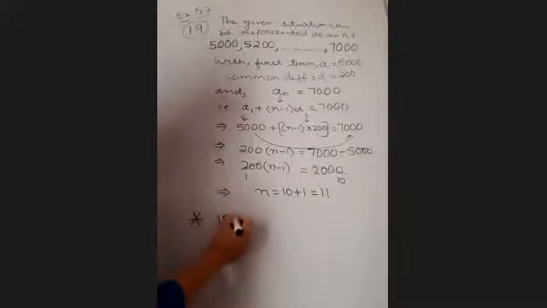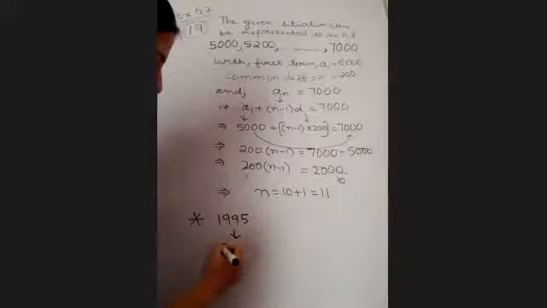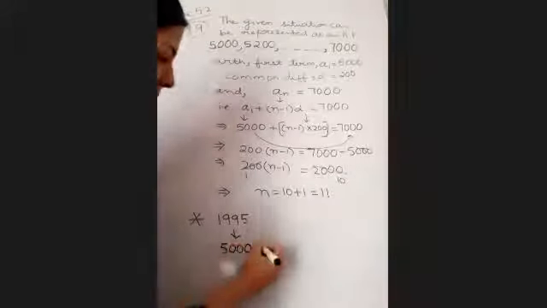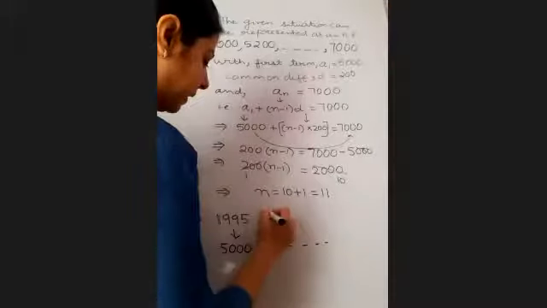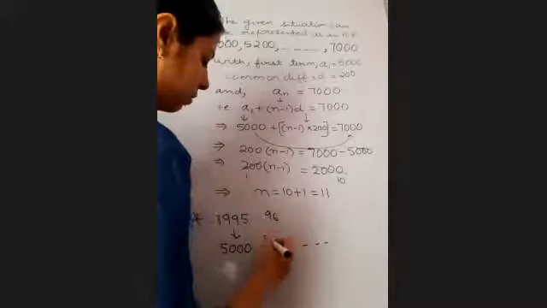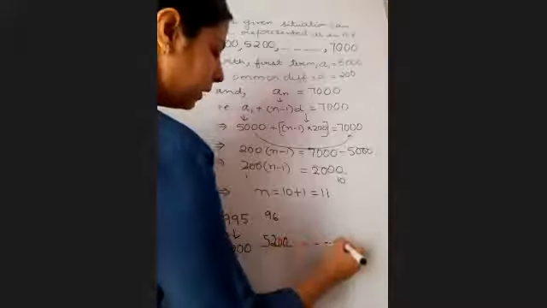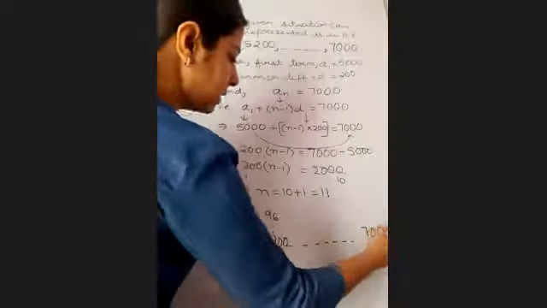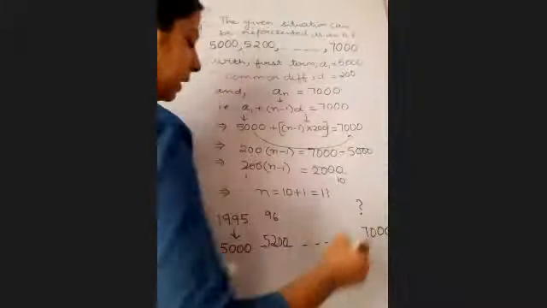Please understand this thing. In 1995 the salary was 5,000. Continuing like this, the 1996 salary was 5,200. Continuing like this, it reached 7,000 in some year.